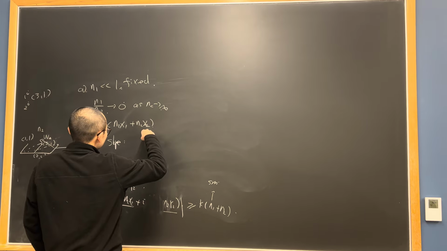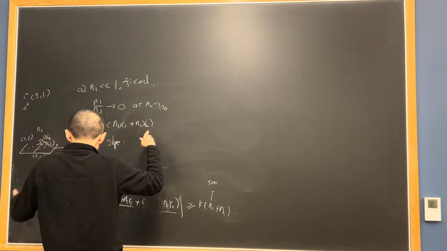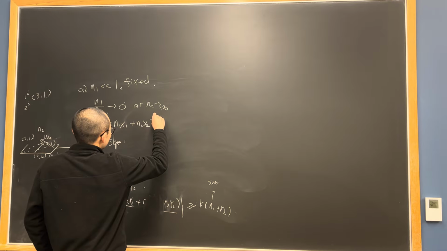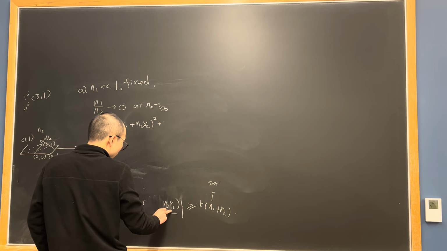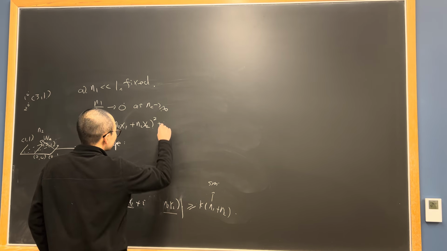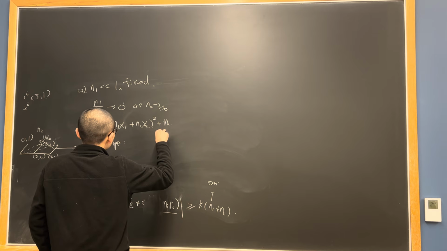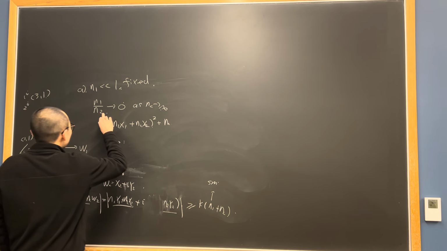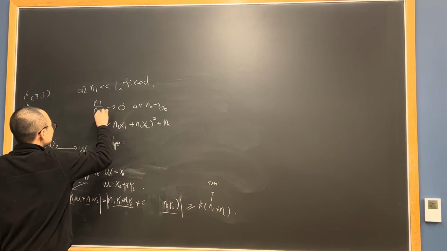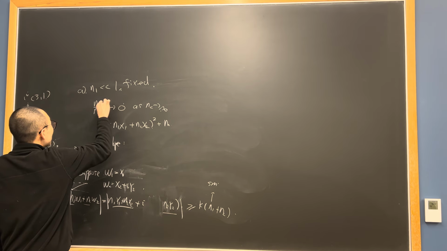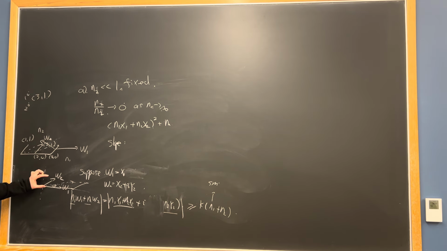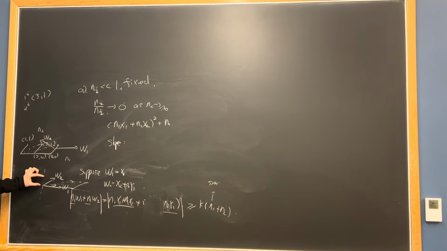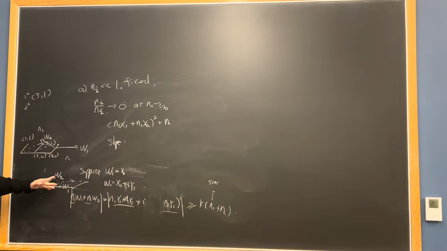So this is like the very long edge. You square it, plus a fixed number, which is n2 y2. Sorry, I mean to fix the smaller one, fix omega 2.